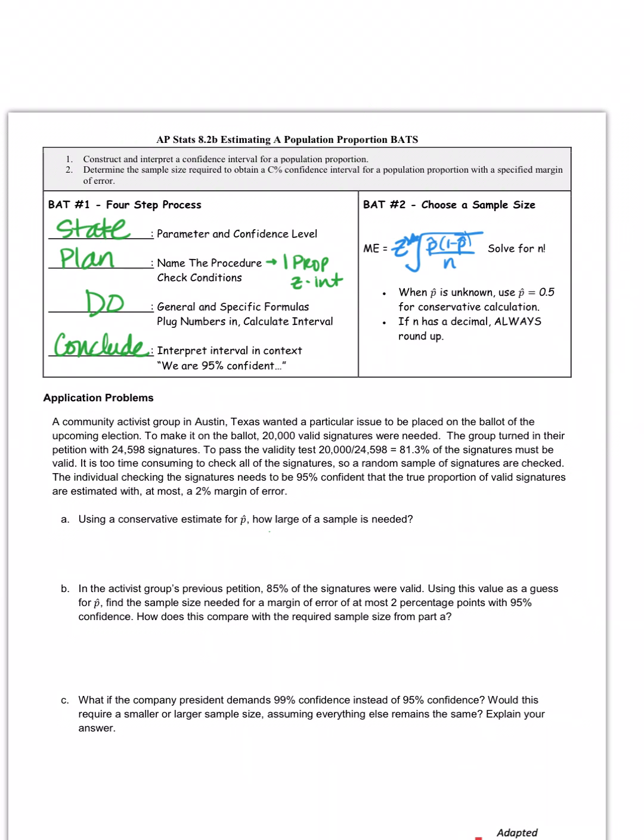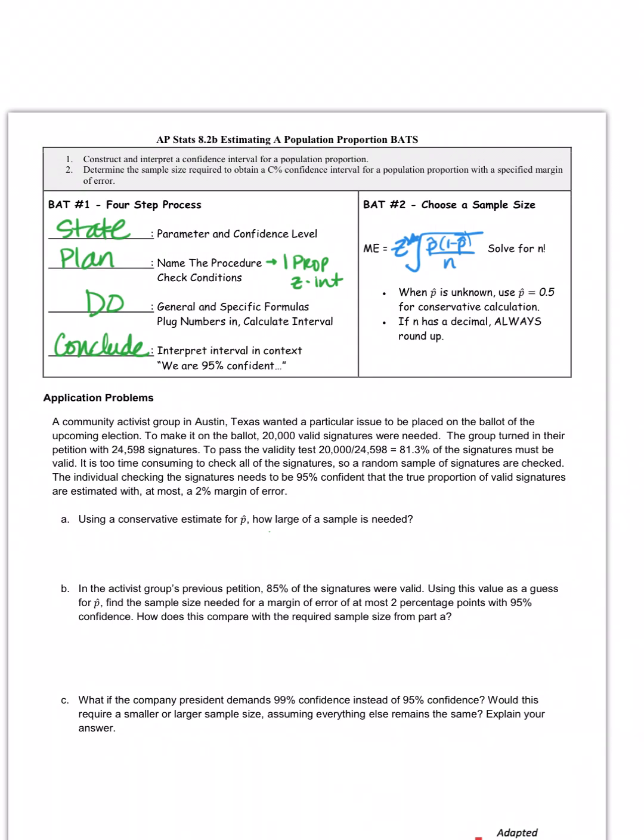So look at this. Community activist group in Austin wants a particular issue to be placed on the ballot in the upcoming election. To make it on the ballot, 20,000 valid signatures are needed. The group turned in their petition with 24,598 signatures. To pass the validity test, 20,000 of them, or 81.3% of those signatures, have to be valid.